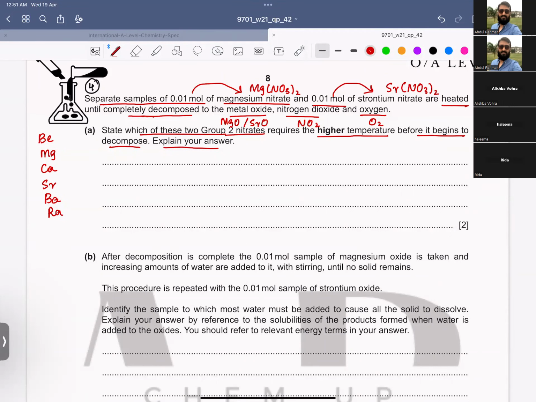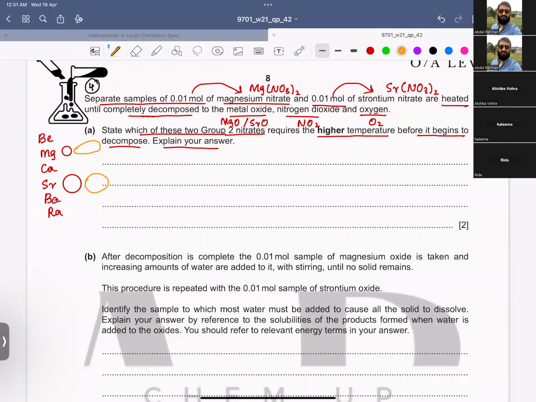Okay. So, for example, if the magnesium ion is this much in size, then the strontium ion must be that much bigger. So magnesium distorts the negative ion greater, and here the distortion would be less.